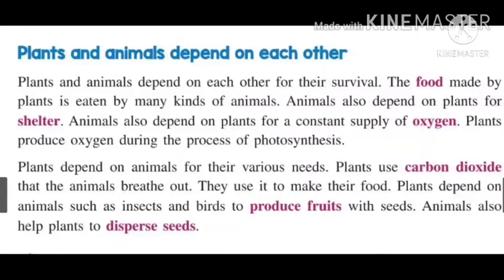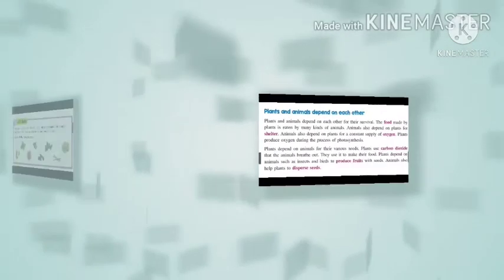The animals carry the seeds of the plants from one place to another. So we can understand that the plants cannot live without the help of animals, and the animals cannot live without the help of plants. So this is how they depend on each other.